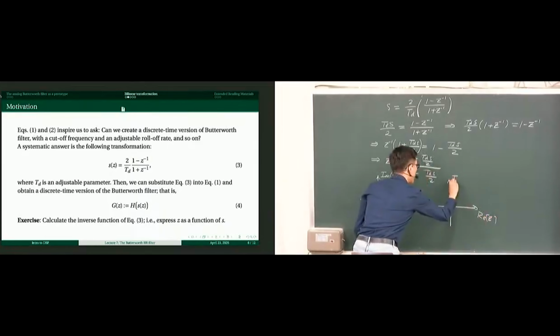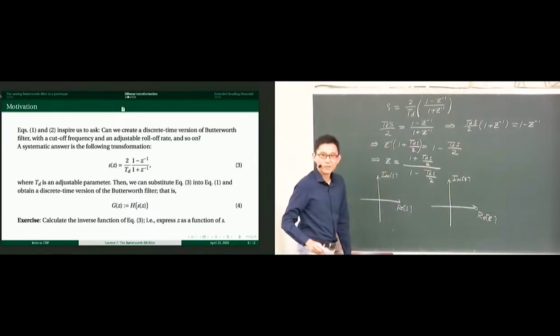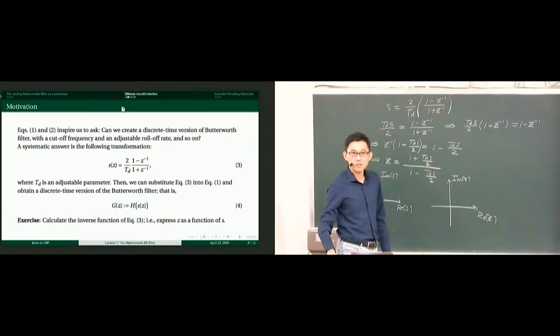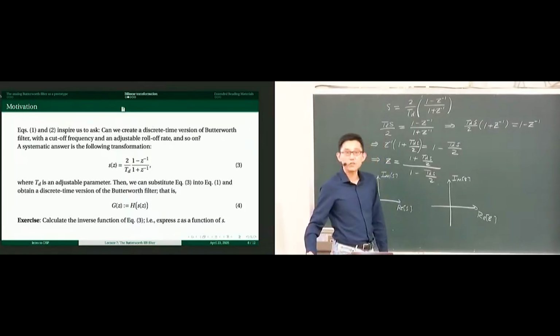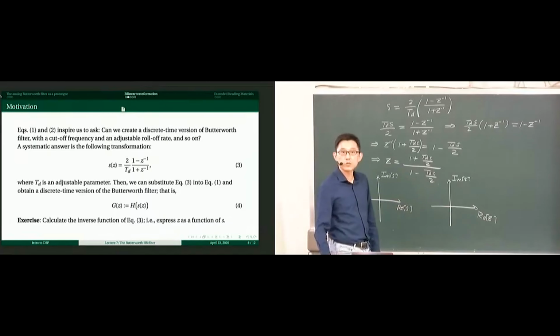Okay, we're going to leave everything for now on the board. We'll come back to my plot later. Any questions so far? S as a function of Z, and Z as the inverse function can also be derived. Pretty straightforward. So far, so good?